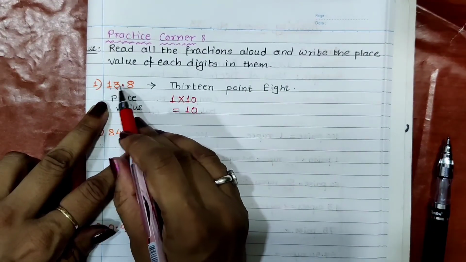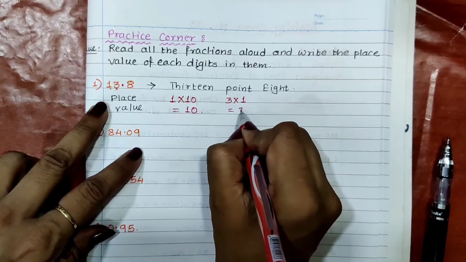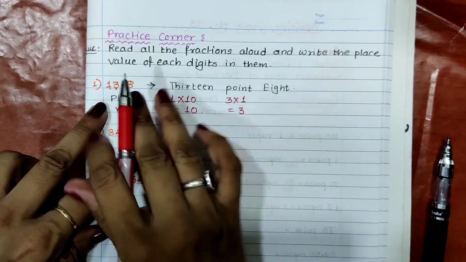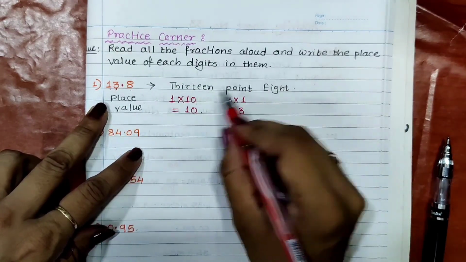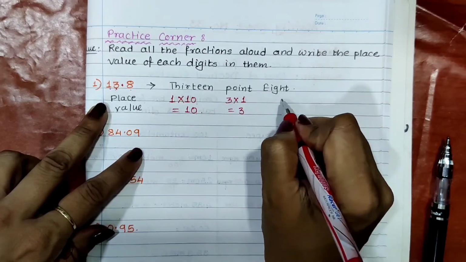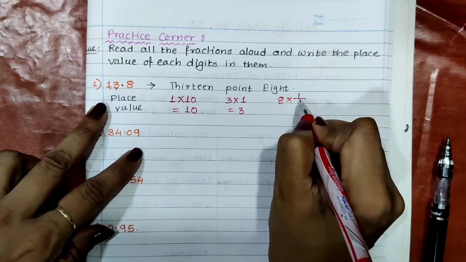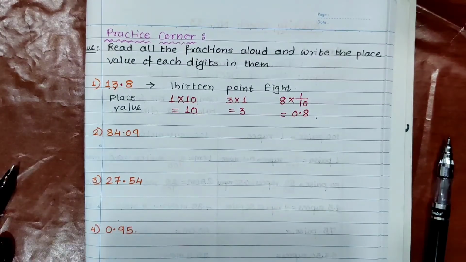Then 3 is at units place. That means 3 into 1 is 3. Then on the right side, the first digit is at tenths place. Tenths means 8 into 1 upon 10. So the answer will be 0.8. In this way we can write.